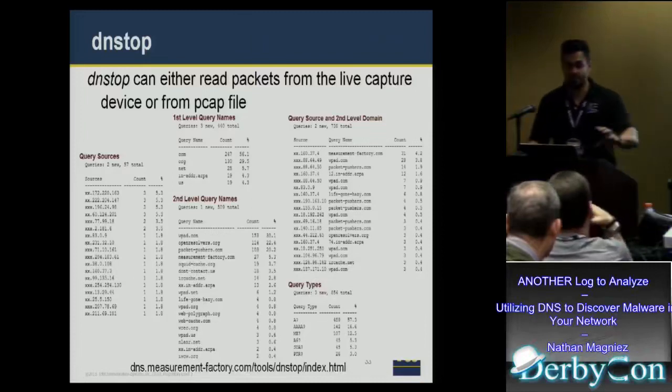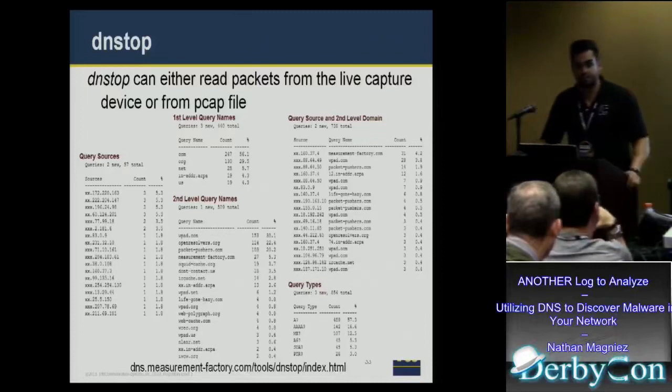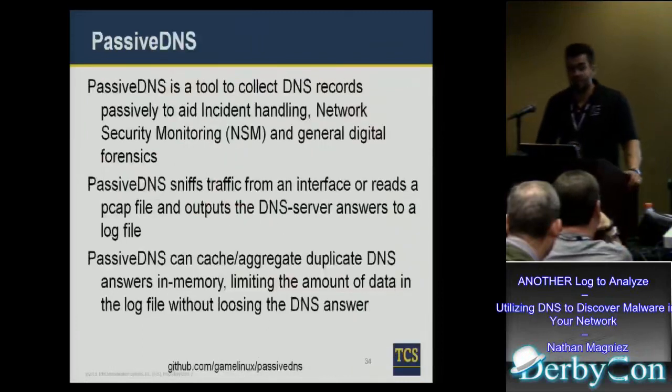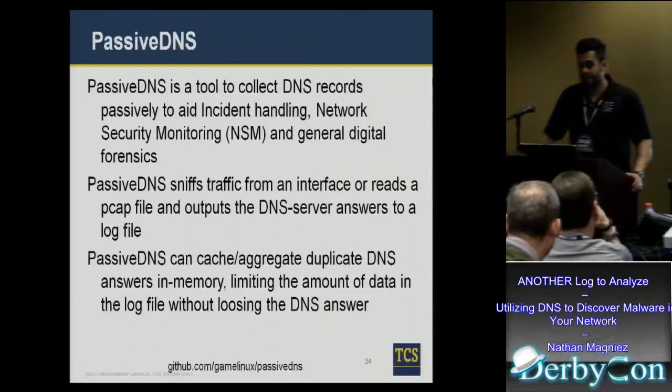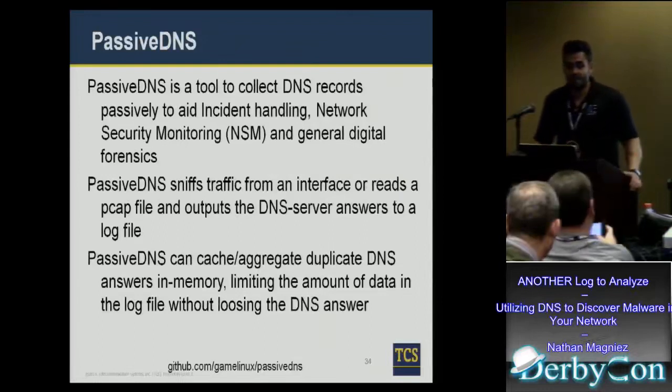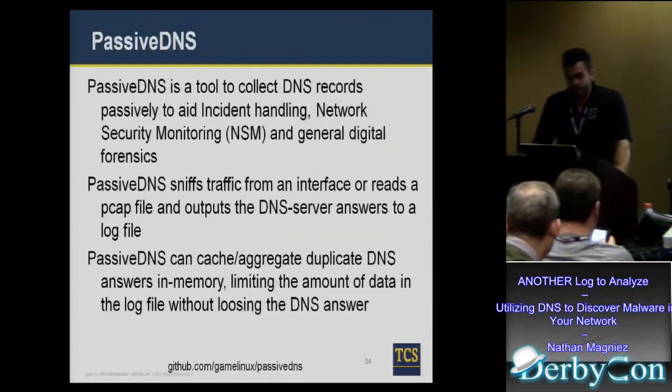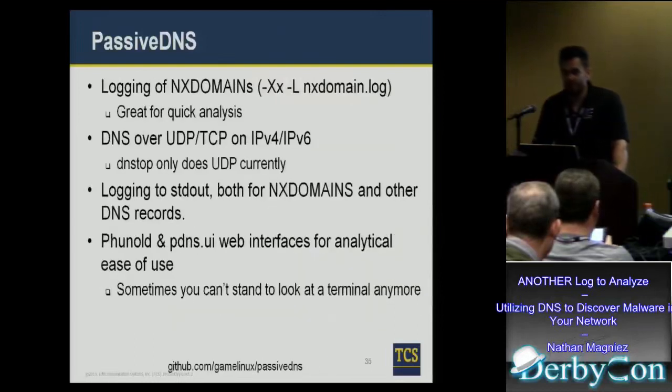So these are all just screenshots of different examples. There's also passive DNS, which is a free tool as well. It basically does the same type of thing as DNS top. Passive DNS will sniff traffic and does a terminal display. What's good about it is that it also handles TCP.